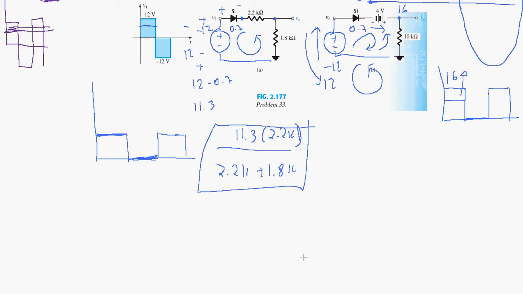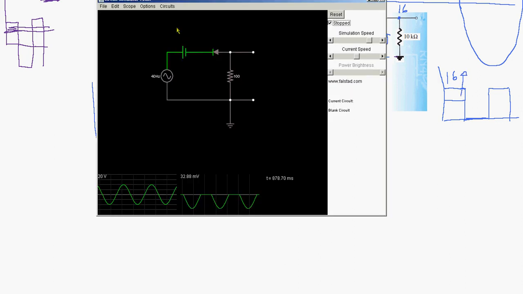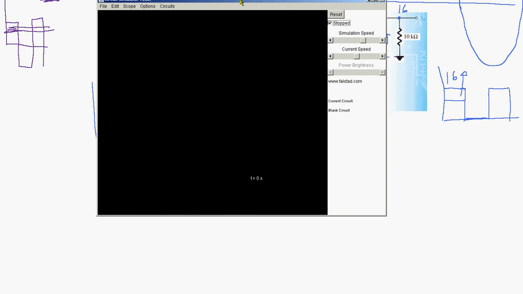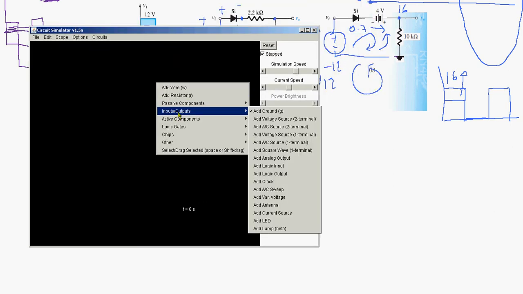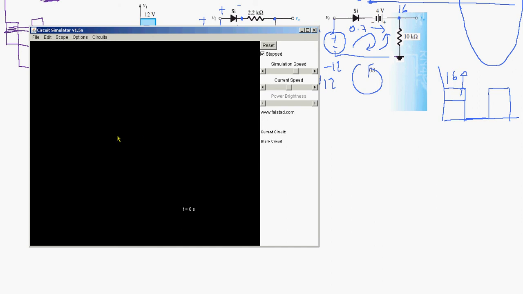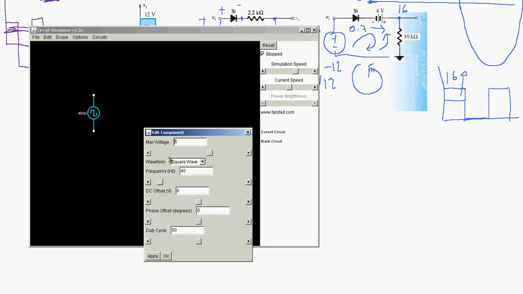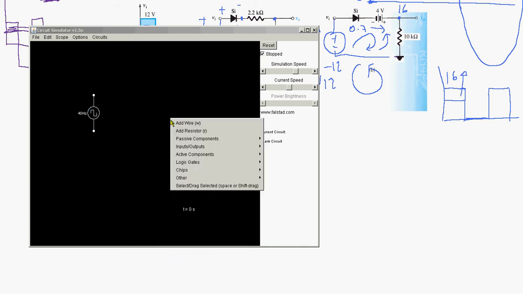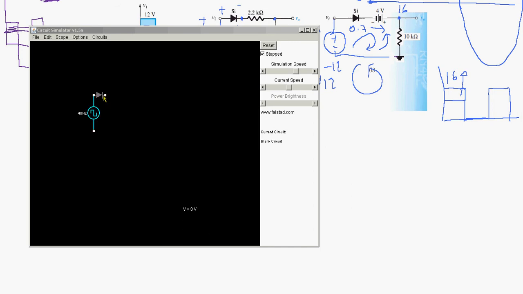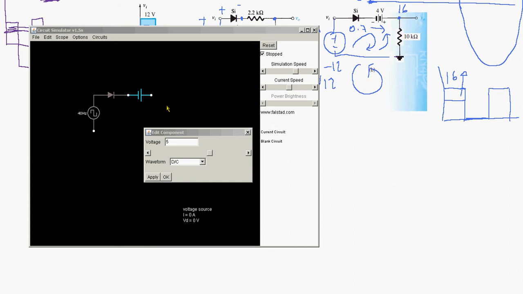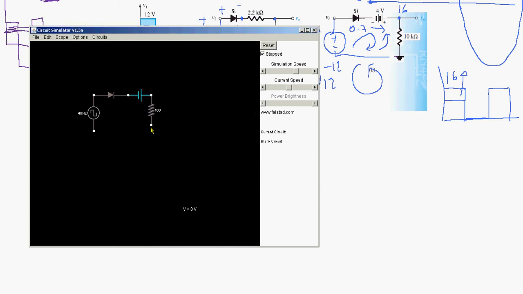If we look at the simulator here, let's start a new circuit, and this will have a voltage source here, which I'll change to a square wave with 12 volts amplitude. We have a silicon diode in this direction, and we have a voltage source of 4 volts in this direction, and then we have a resistor here.